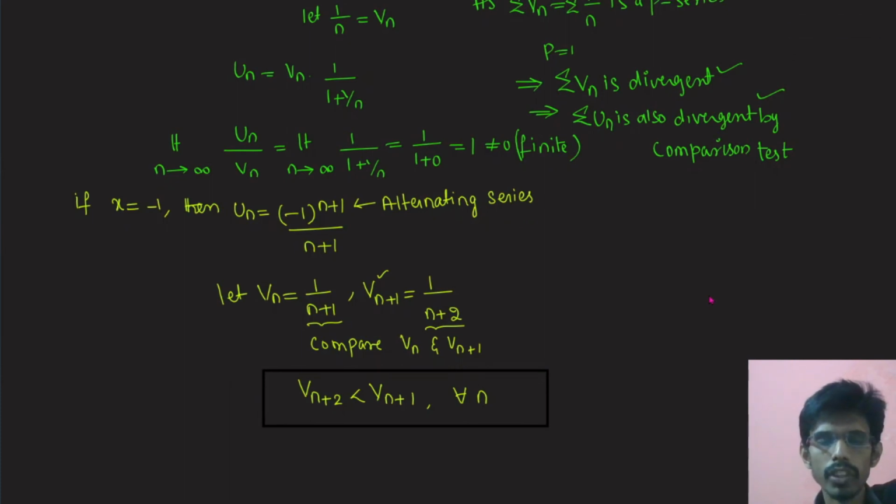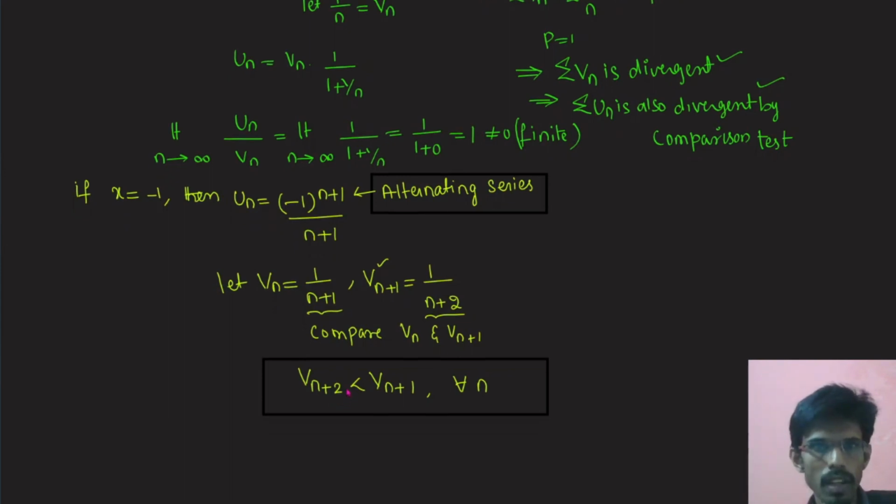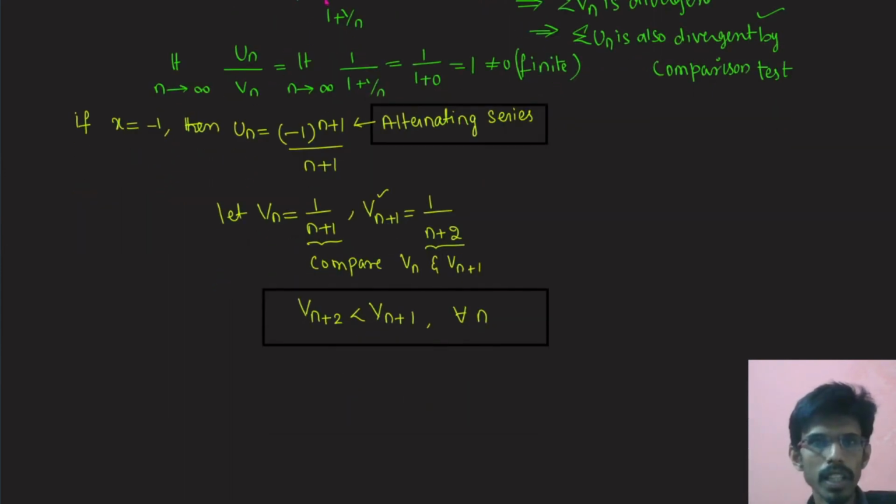It says that each term is numerically less than its previous or preceding term. So two conditions of the Leibniz series are satisfied. One is that it is an alternating series, the other is that the next term is lesser than the previous one. One more condition of the Leibniz series is that limit n tends to infinity, this vn will be 0.